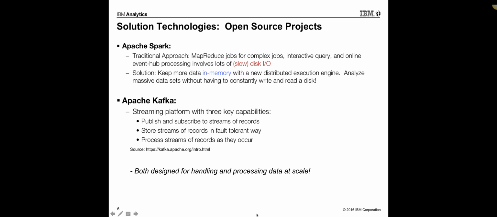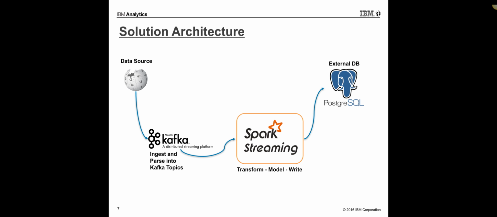And the second thing we're going to use is Apache Kafka, which is a streaming messaging service that, as you see here, can publish and subscribe to streams of records, store them, and even do some processing, as you'll see. So what are we going to do with these two technologies, these two open source projects? Well, we're going to basically pipe them.